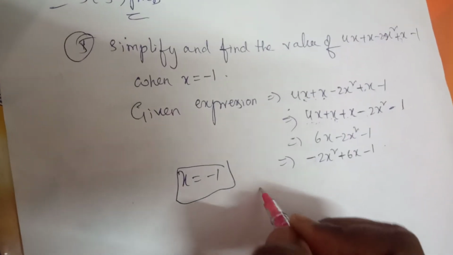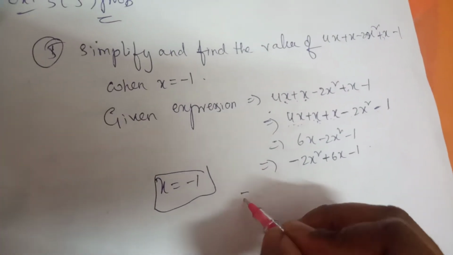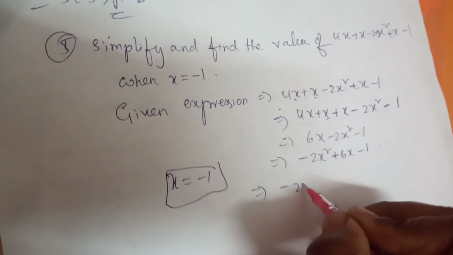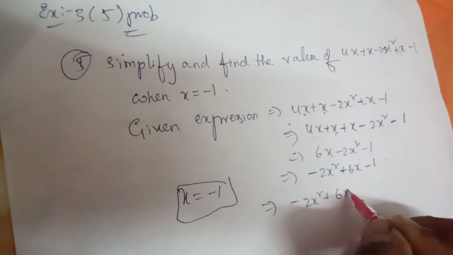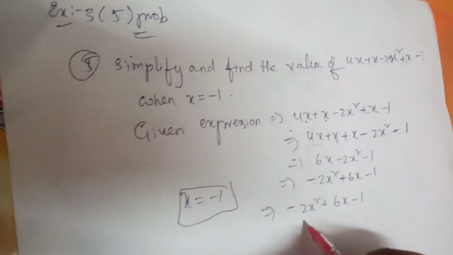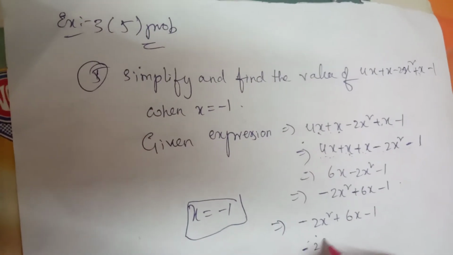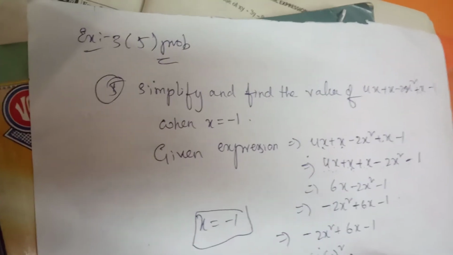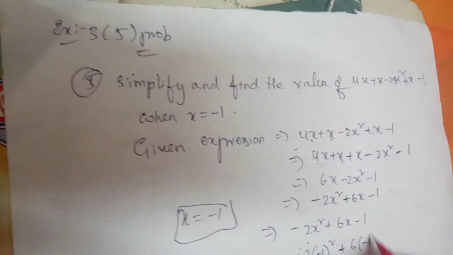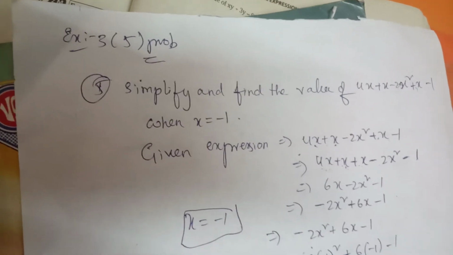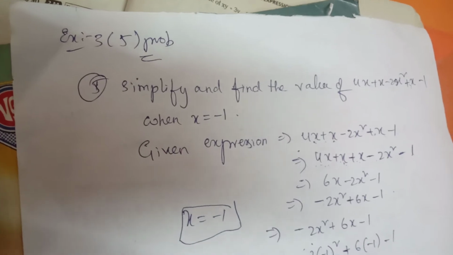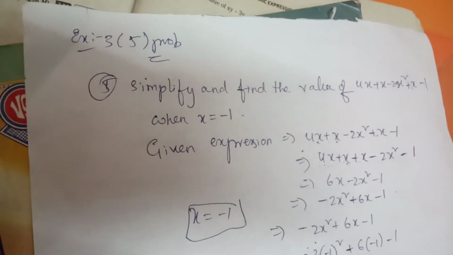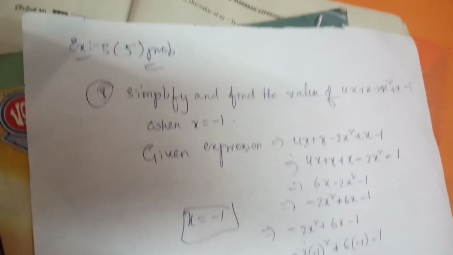If you give the value x equals minus 1, what happens? Substitute x equals minus 1. Minus 2 into minus 1 whole square plus 6 into minus 1 minus 1. Minus 1 into minus 1, the product is always positive, so it is 1. Minus 2 into 1 is minus 2.